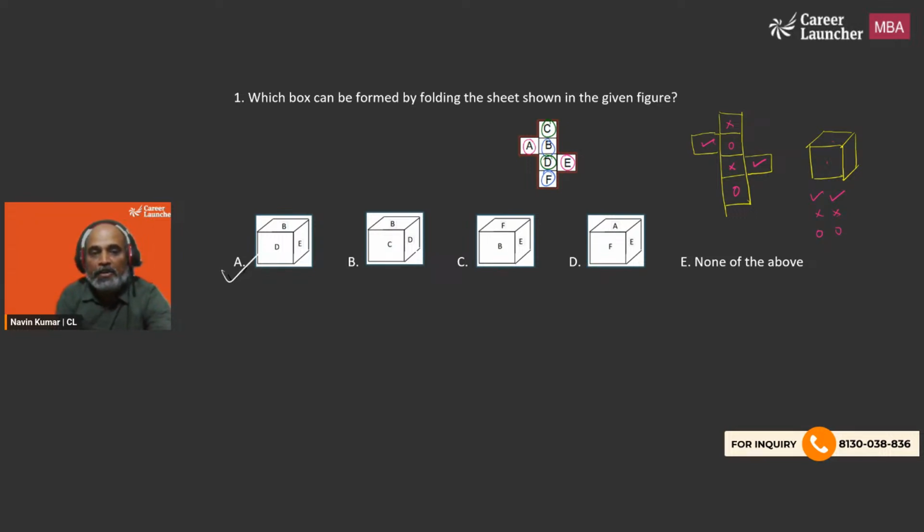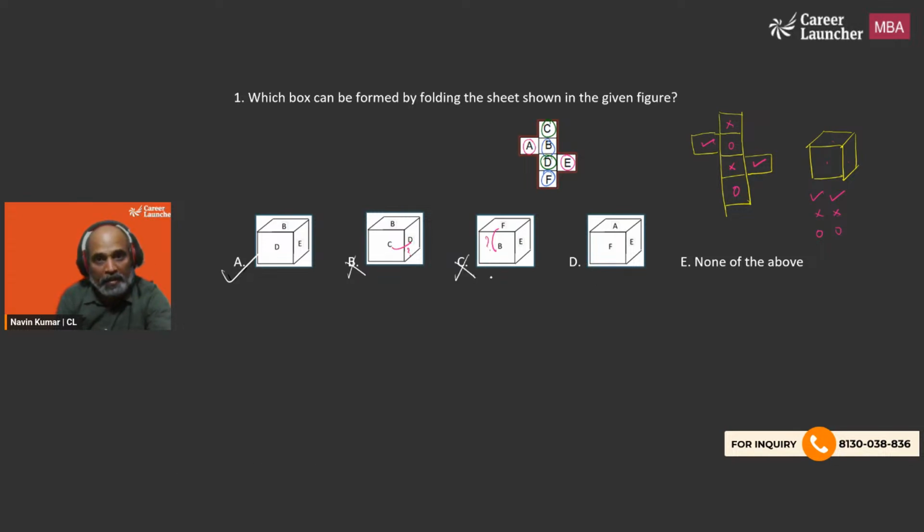If we look at the second option, which says B, C, D, I cannot see C and D simultaneously because they are opposite faces. So that cannot be our answer. If you look at option C, it is B, F, and E. How come we see B and F simultaneously? They are the opposite faces.